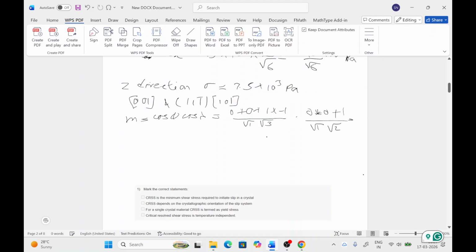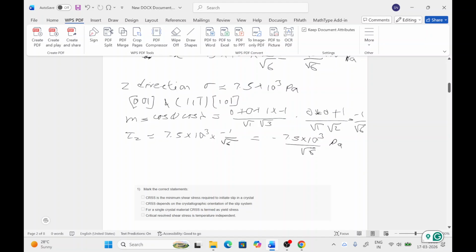So this again will be minus 1 divided by root 6. So the total tau z will be 7.5 into 10 raised to power 3 into the Schmidt factor minus 1 by root 6. So this will be minus 7.5 into 10 raised to power 3 by root 6 Pascal.